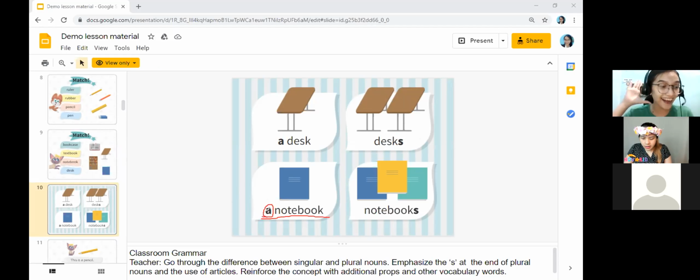A notebook. Notebook. One more. Notebook. Notebook. Notebook. Okay, one more. Notebook. A notebook.